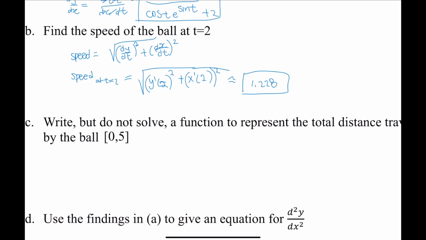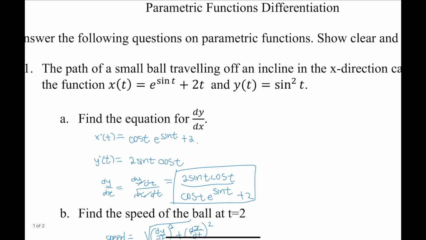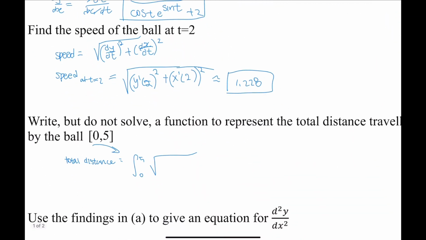The total distance can be given by the integral from 0 to 5 of root of x prime t squared plus y prime t squared, this whole thing dt.